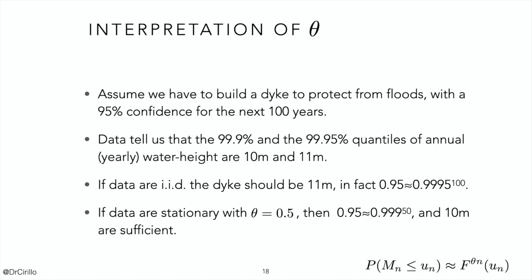If conversely we assume that our observations are not i.i.d. but stationary with a theta parameter of 0.5, then we see that 0.95 is more or less equal to 0.999, and this quantity can be taken to the power 50, which is exactly 0.5 theta times n 100, so 50. And we discover that in this situation, a 10-meter dike is sufficient at the 95% confidence level.